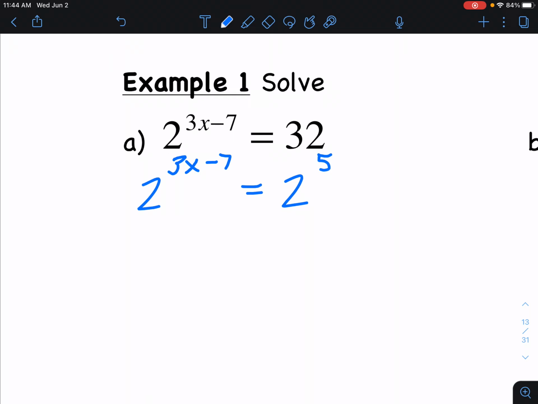Now that they have the same base, we're allowed to use the property that says just drop the bases and write down the resulting equation. 3x minus 7 equals 5. And then we can just solve this equation to find out what x is. Add 7 to both sides.